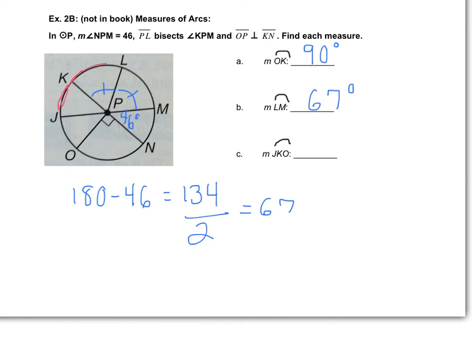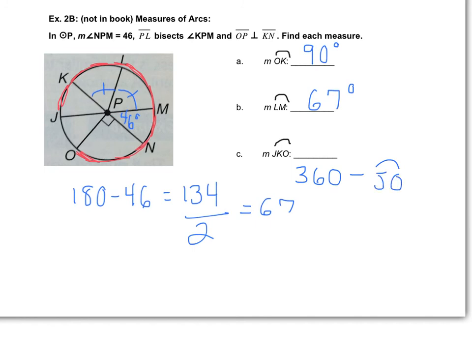If we go all the way around the circle from J through K and then all the way around to O, I hope you can see that really this is the opposite of taking the entire 360 degrees for the circle and then taking out the arc JO that we have there.